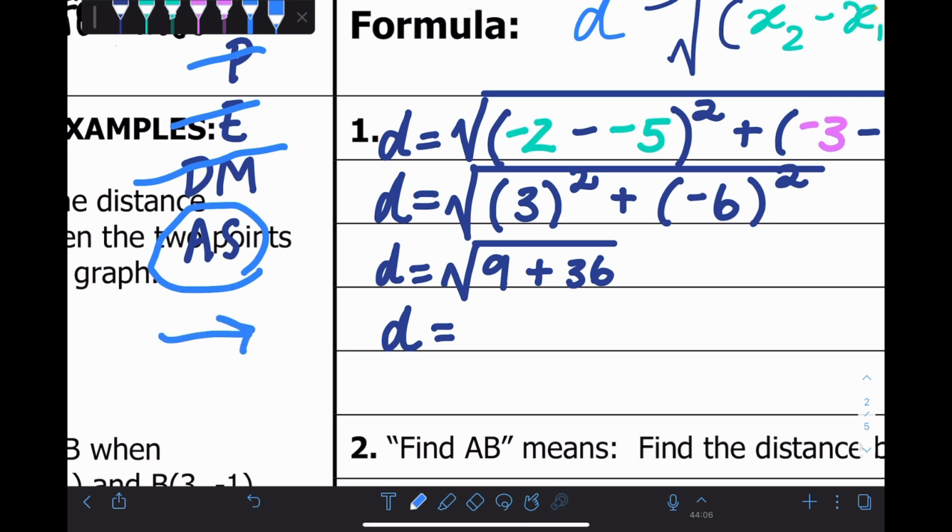So we just add these bad boys. We're going to rewrite this. Fun fact, this square root actually is like a bracket as well, but don't worry. So 9 plus 36 is 45. There you go.